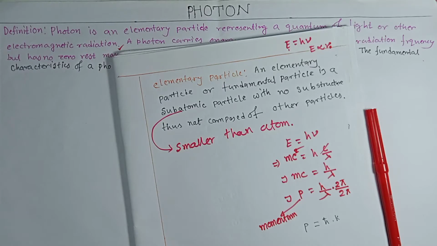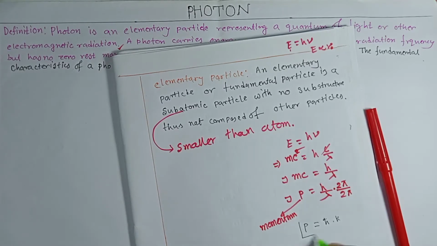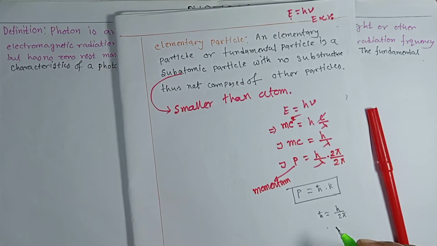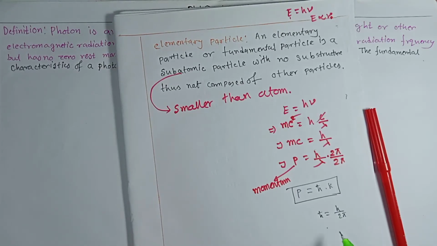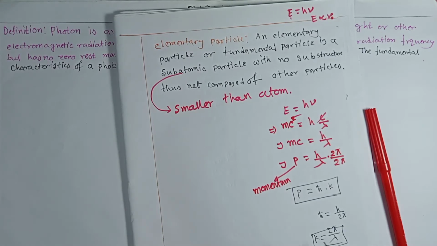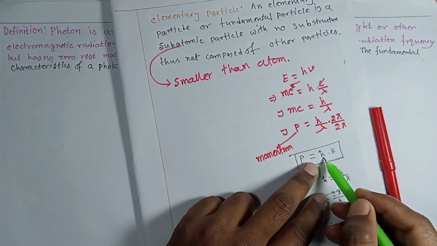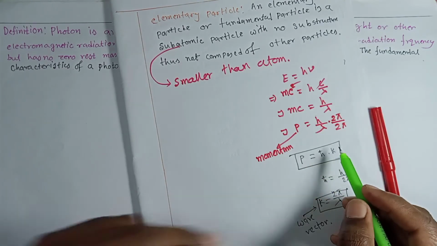Here we write h cut equals h upon twice pi, and 2 pi upon lambda equals k. This is the wave vector. Then the momentum equals h cut into k.